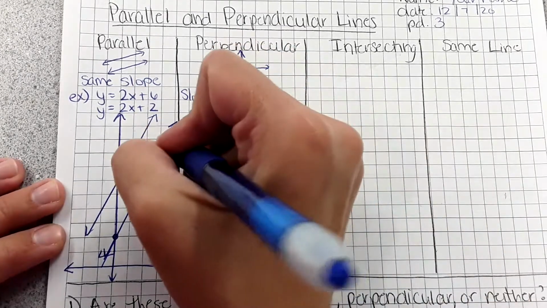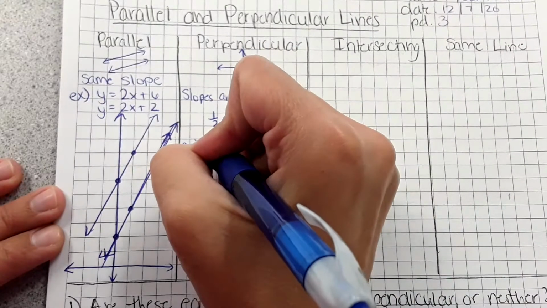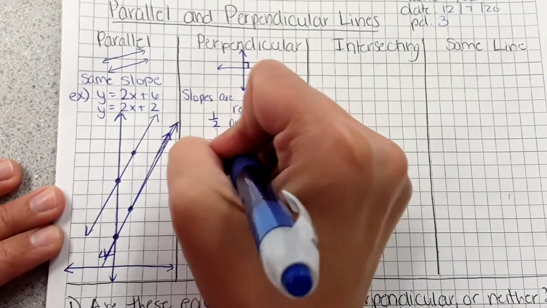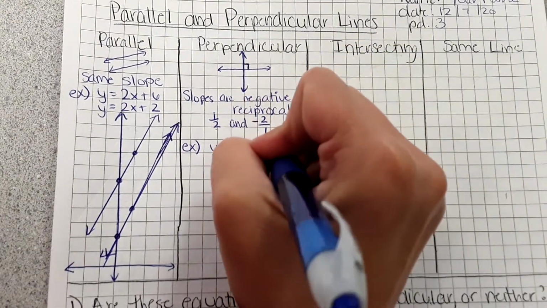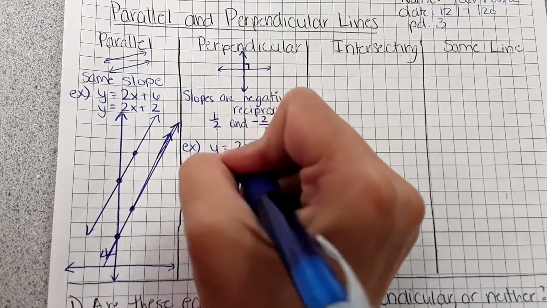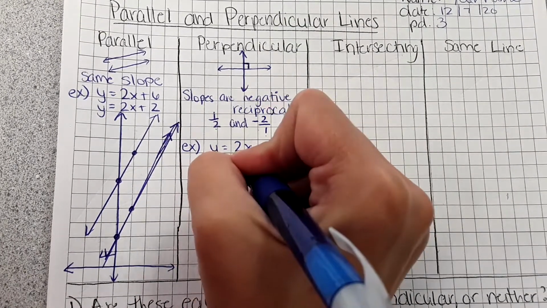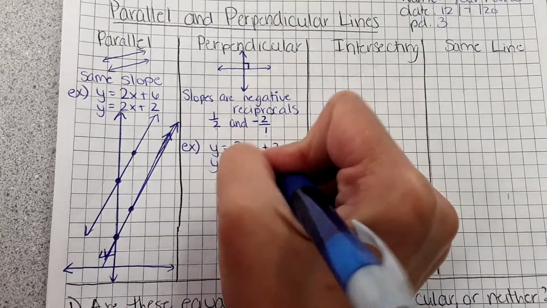So with two equations that are perpendicular, it would look like this. Y equals 2x plus 2, and maybe y equals negative 1/2 x plus 3.